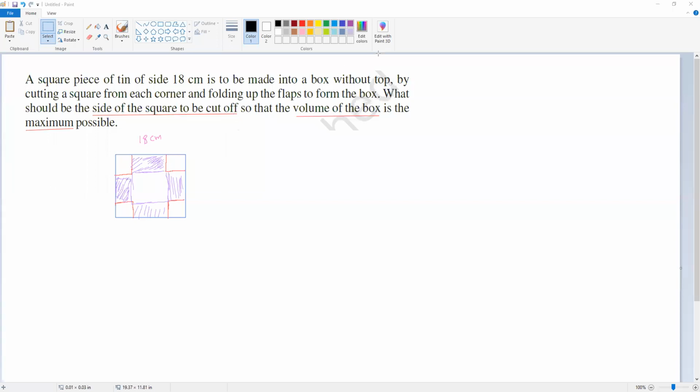So that is what I told you. We have to make a formula which is to be maximized or minimized. So we have to find the volume of the box, say V of x.